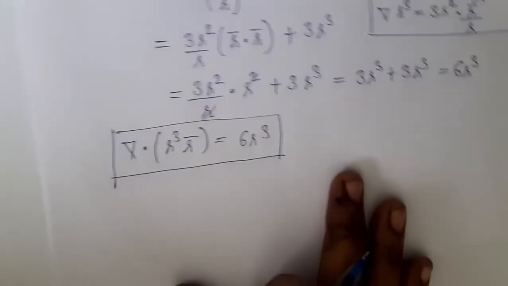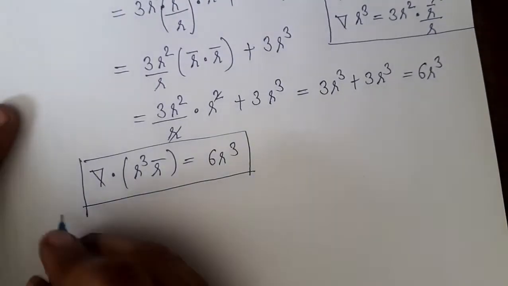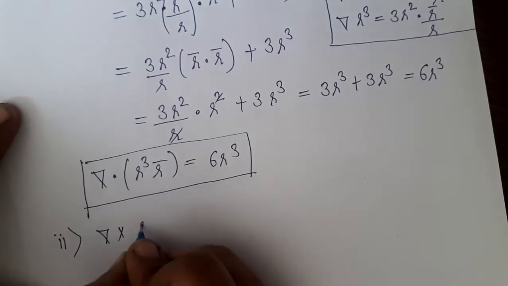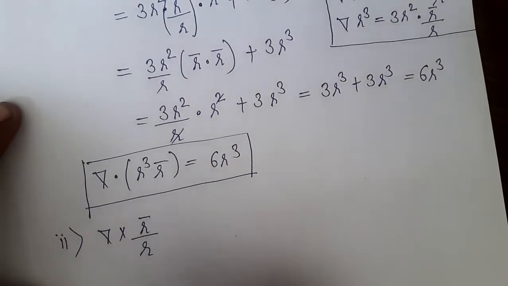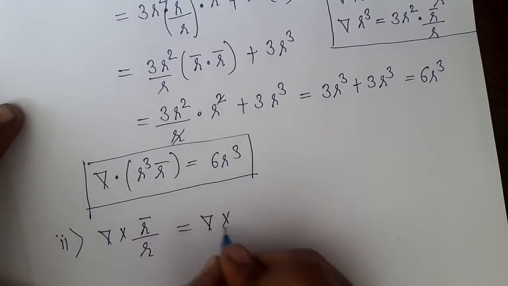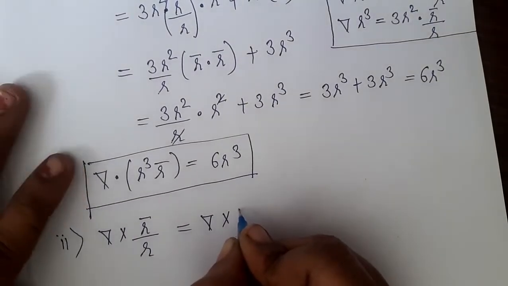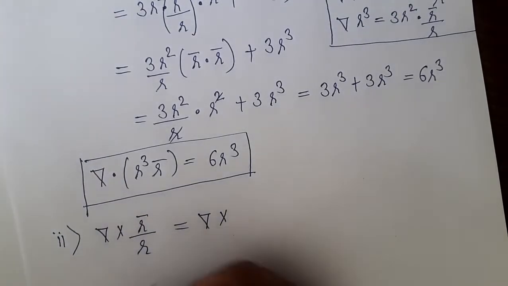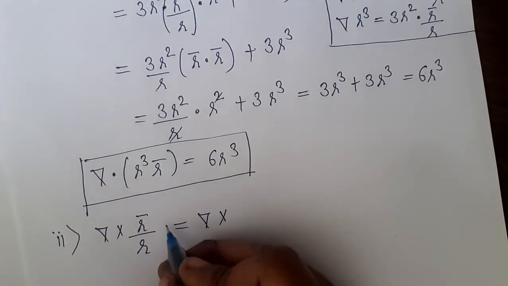Now the second part: del cross vector r divided by r. Which identity do we want to use here?